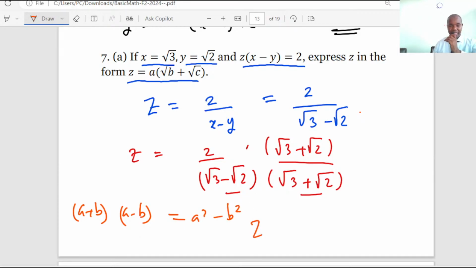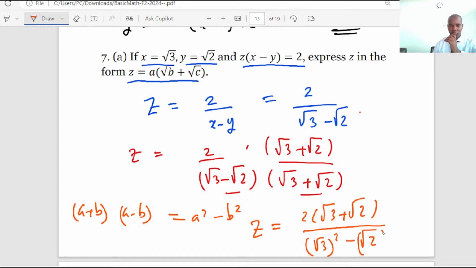So it means z will be equal to, you have 2 in the bracket square root of 3 plus square root of 2 divided by square root of 3 squared minus square root of 2 squared, as per the definition of the difference of two squares.